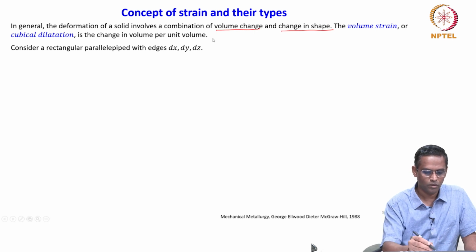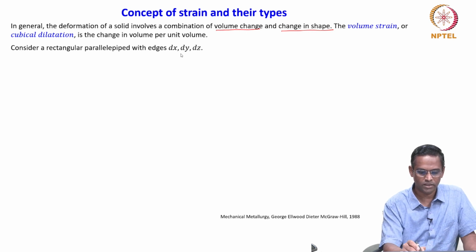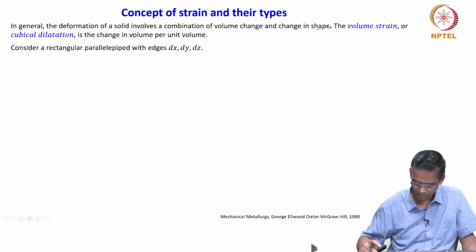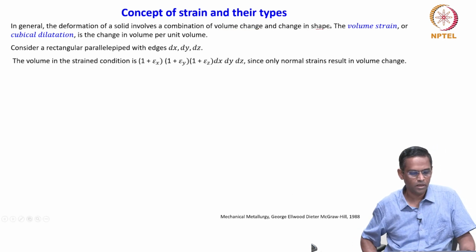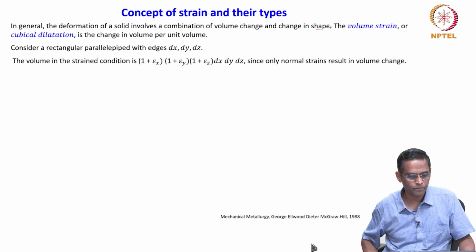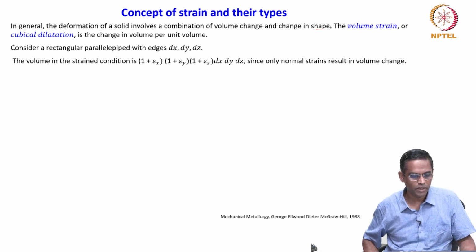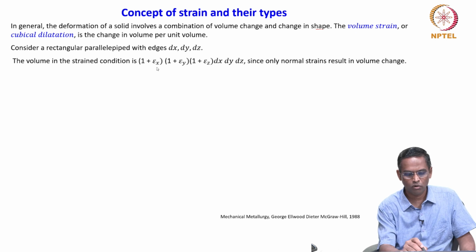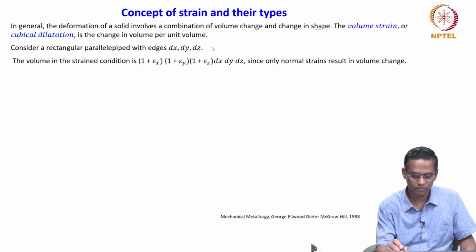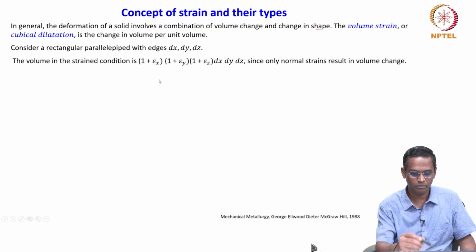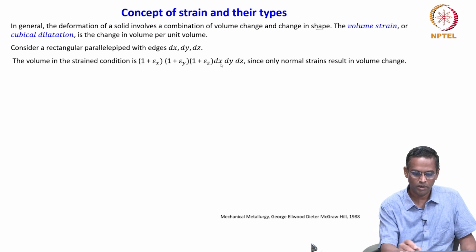So, let us consider the volume of a rectangular parallelepiped with the edges dx, dy and dz. This is the volume in the strained condition; it is exactly similar to the equation we developed in the beginning of this class. The same equation here, the deformed body.